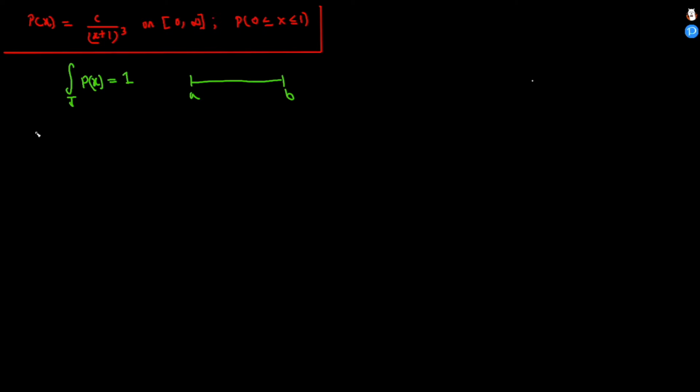So we are given the interval that x is defined on, which is between 0 and positive infinity. Just to be clear, in this case, this is j, where a is 0 and b is infinity.